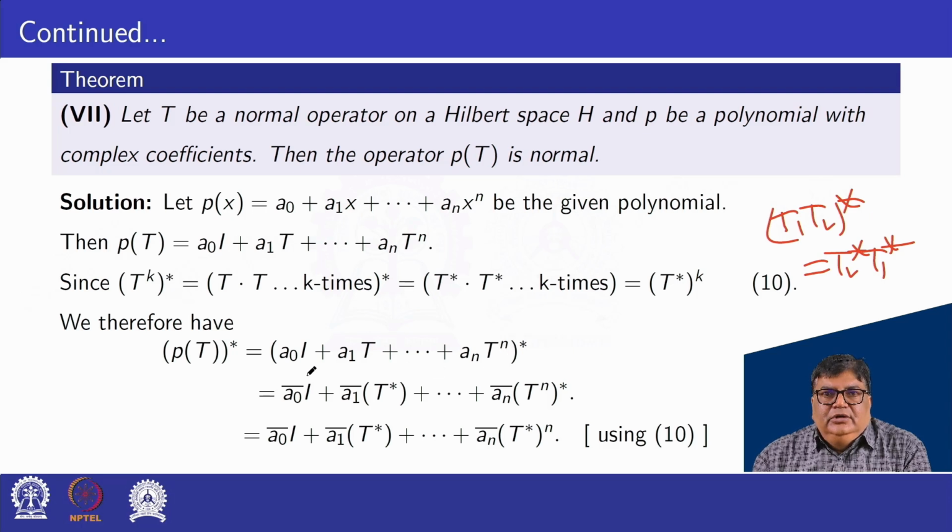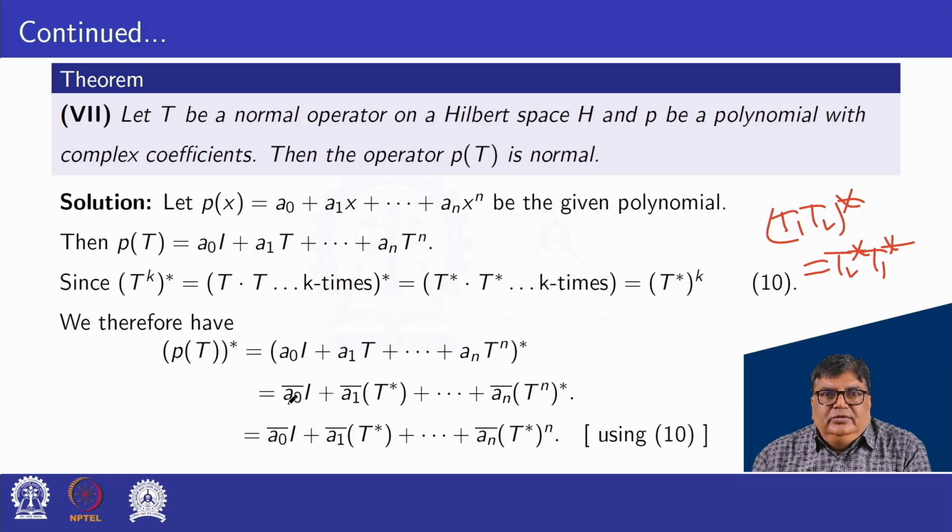Okay. So, as per the definition of adjoint operator, this can be written as a0 bar I plus a1 bar T star plus and so on an bar star of T^n.